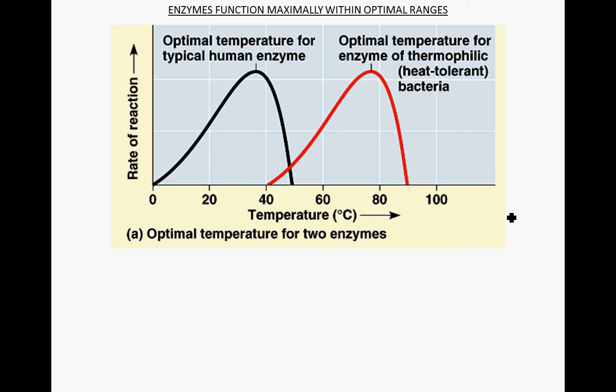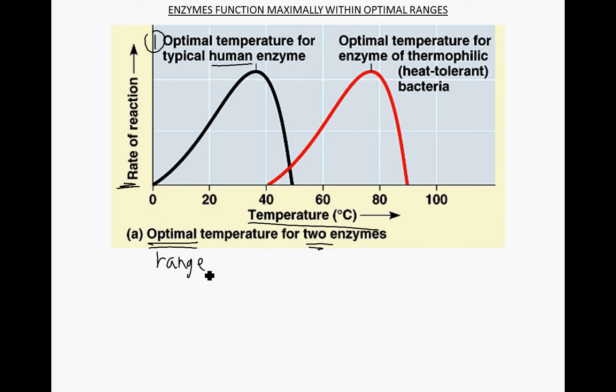So here we're seeing the rates of the reaction that we're monitoring over the different temperatures, right? And we're going to talk about this concept of optimal temperature here. Now, this is two different enzymes in this scenario right here. So we have scenario one, the optimal temperature for a typical human enzyme. Let's talk about this optimal, it's really an optimal range that exists.